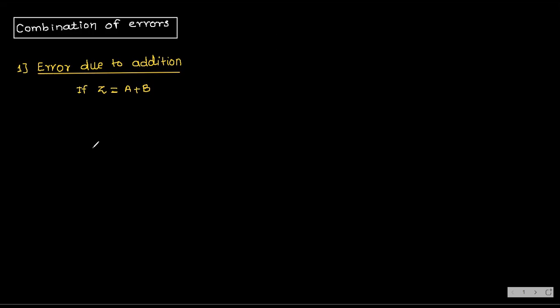Then maximum possible error in this case, that is delta z is equal to delta a plus delta b, right?